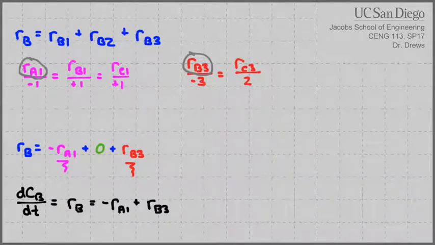So this one is going to end up being positive because we have written minus R sub A1, and R sub B3 is going to be negative. So B is getting produced in reaction 1 and consumed in reaction 3. And then C goes the same way. There's no difference for C. Well, I mean, the stoichiometry changes, but the process looks the same.